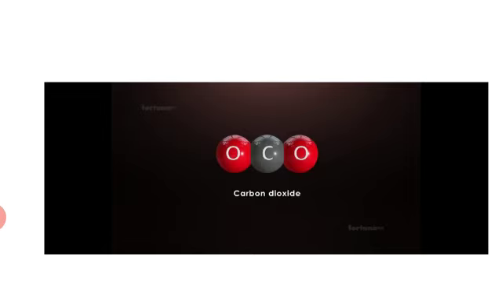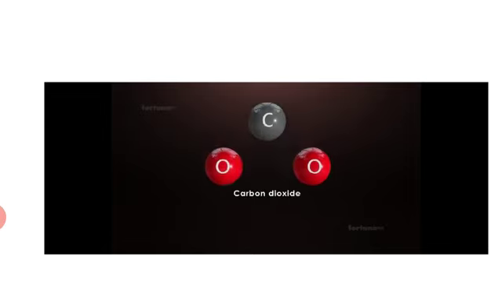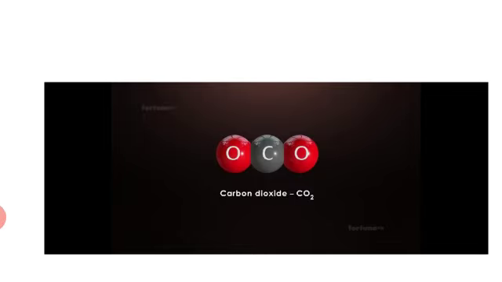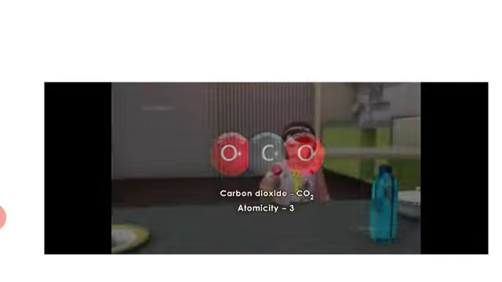Carbon dioxide contains 1 carbon atom, C, and 2 oxygen atoms, O2, giving us the molecular formula CO2. In this case, carbon dioxide's atomicity is 3, because it contains 1 carbon and 2 oxygen.